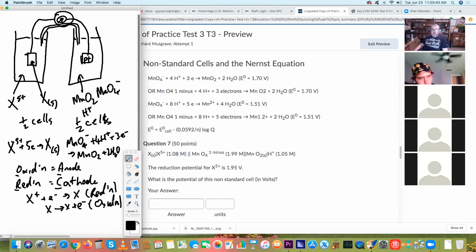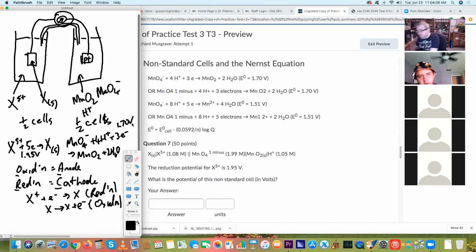But remember that any reactions you're given are always given in the guise of a reduction. They're always a reduction potential. And the reduction potential for X5 plus is 1.95 volts. And the reduction potential for the other one is 1.70 volts.